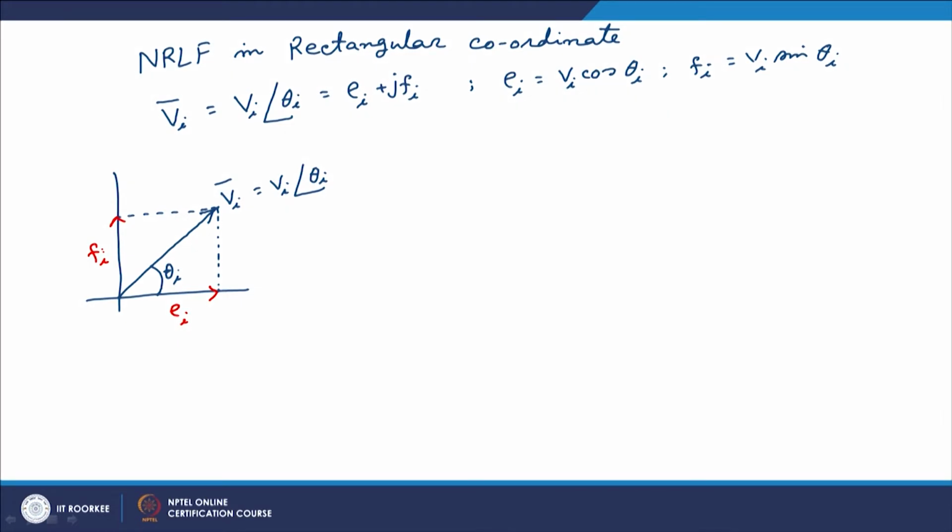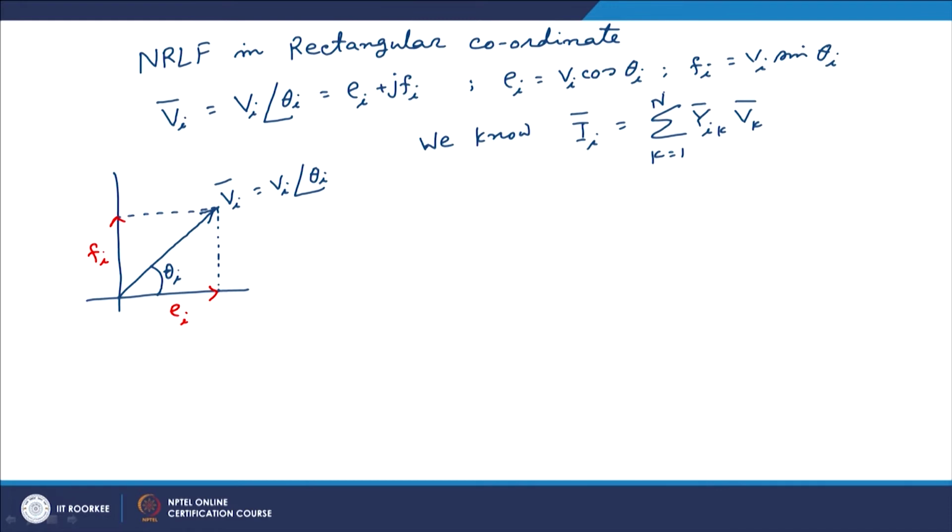Now, we know that for any bus, Ii is the injected current at bus i, n is the number of buses, and Yik is the element of the Y bus matrix corresponding to the ith row and kth column.